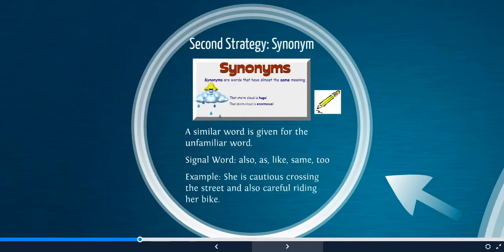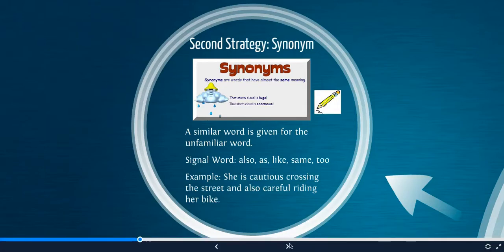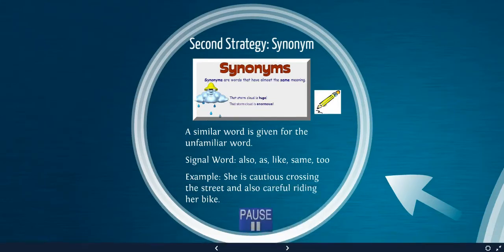She is cautious crossing the street and also careful riding her bike. So if you weren't sure what cautious means, the word "also" can give you a little clue right there that careful and cautious kind of mean the same thing. So pause and take your notes on the second strategy.